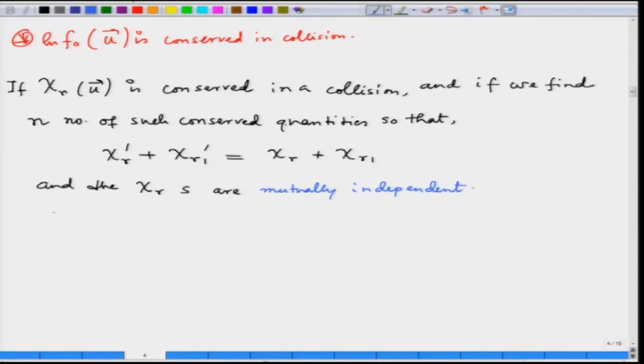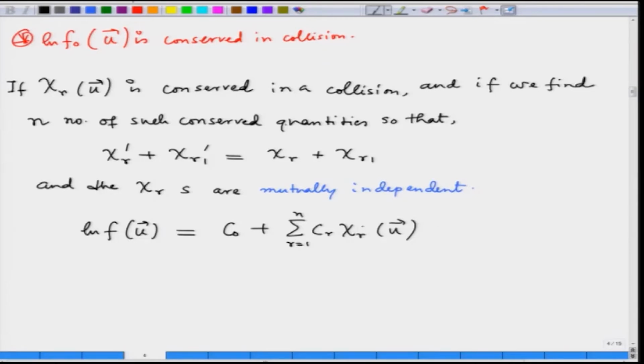We can finally write log of f of u, which is a conserved quantity of collision, as a linear combination of all these conservations. Of course, here we are just assuming that we have found all the conserved quantities.